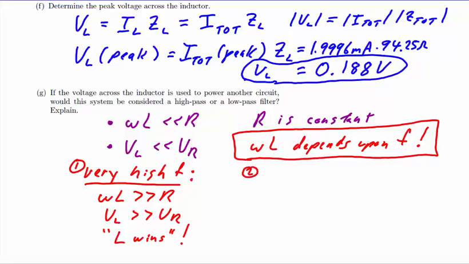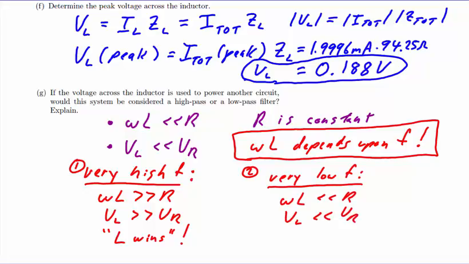On the other hand, if we had a very low frequency, then omega L would be much, much less than R, similar to the problem at hand. V sub L would be much, much less than V sub R, and the resistor would win in the sense that most of the applied voltage would appear across the resistor. That's the case in the one that we considered because the frequency was so low.